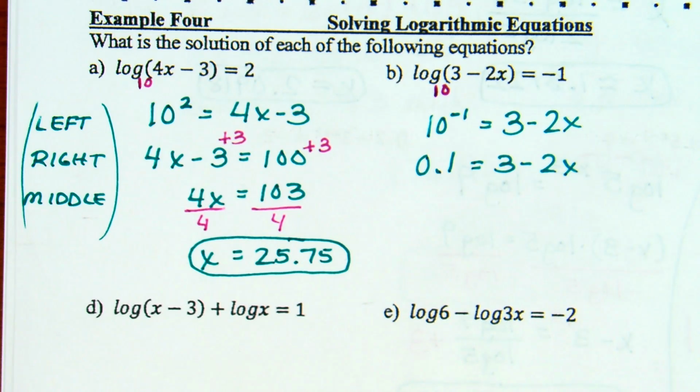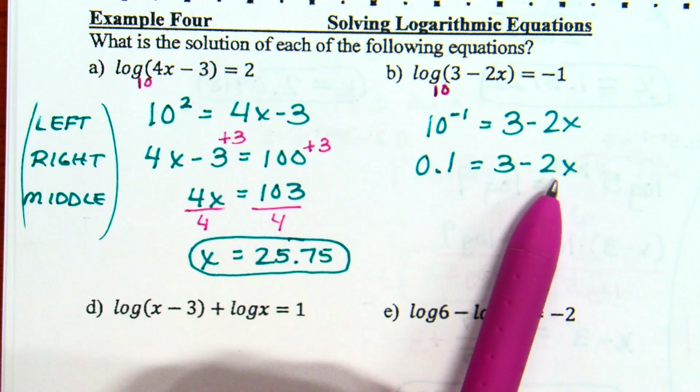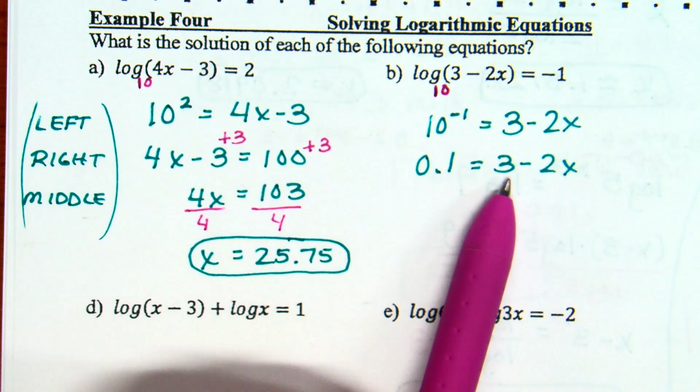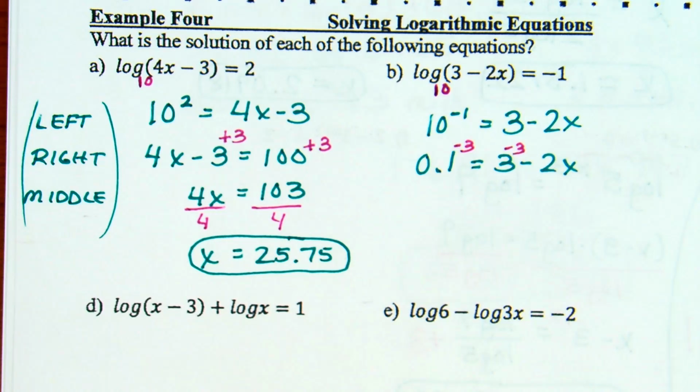Okay. My job is to solve for 2x, or solve for x, which means solving for 2x. So what do I have to move away first? The 3. It's a positive 3, so to move a positive 3, I'm going to subtract 3. What is 1/10 minus 3?